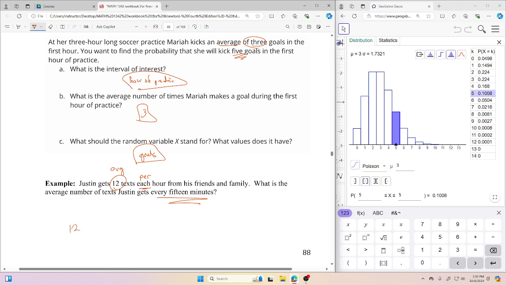I'm doing 12 per hour, and they're saying that this should equal, because it's the average, blank texts per 15 minutes. And yes, it is exactly 3. So how do we find that?